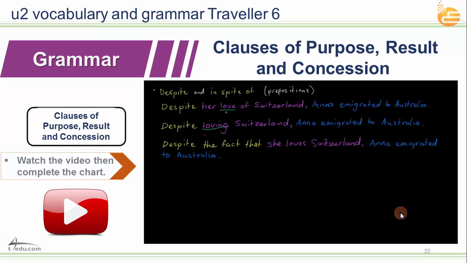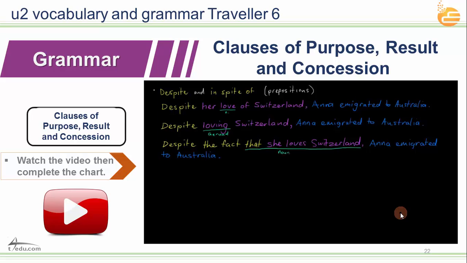Here we have a gerund. A gerund is when a verb acts like a noun. So grammatically, you could say that we have a noun here as well. And then "despite the fact that", what you have here is a noun clause.